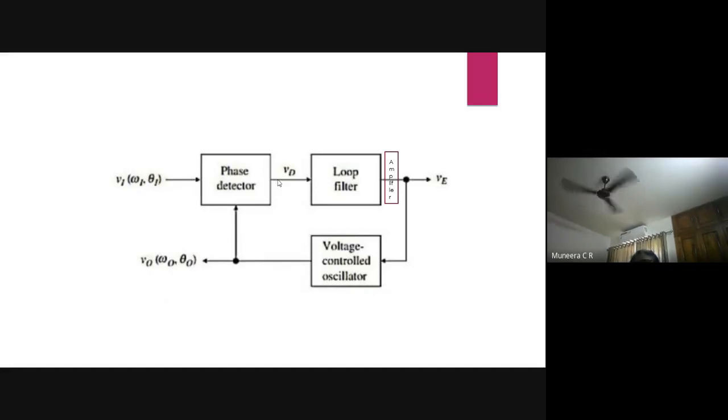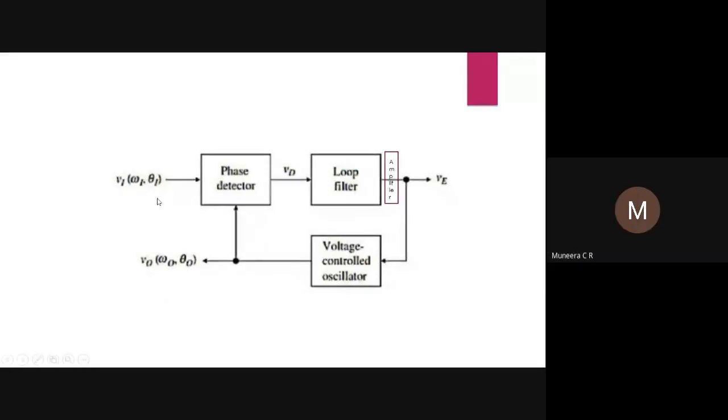DC means you are having 0 hertz frequency. In other words, omega I should be equal to omega 0.